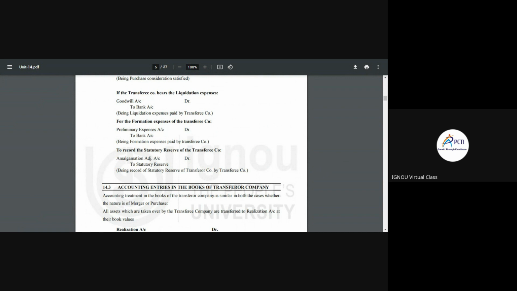Next, to record the statutory reserve of the transferee company: amalgamation adjustment account debit to statutory reserve, being the record of statutory reserve of the transferee company.